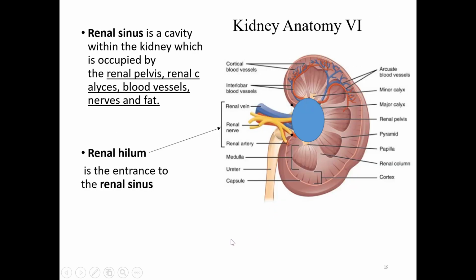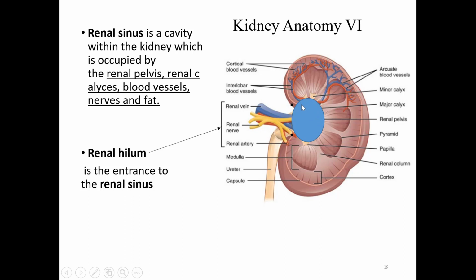Now, what's the difference between renal sinus and renal hilum? The central part of the kidney, that bluish circle, which contains the renal pelvis, renal calyces, major and minor, blood vessels, nerves, and some amount of fat tissue between them, is called the renal sinus.